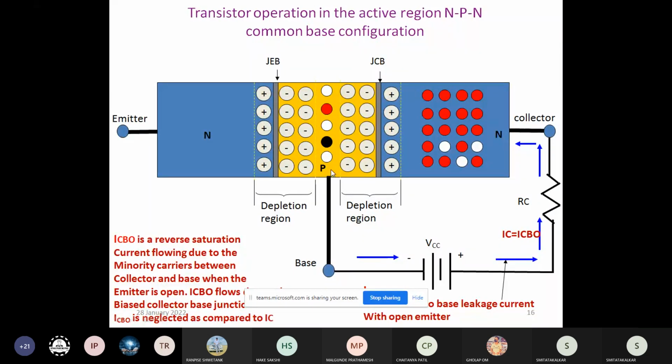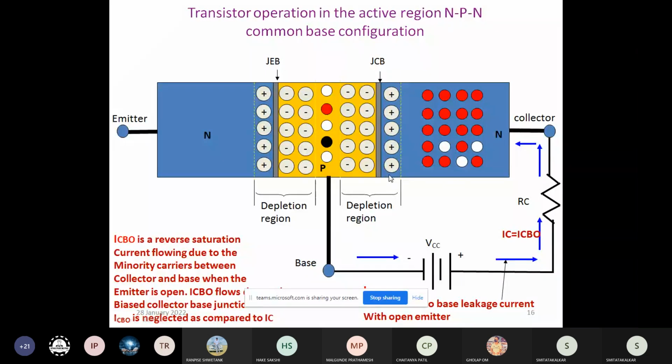And here in the P region, some electrons or holes are not chargeable, because all electrons move in the negative direction in the circuit. This negative direction creates a negative charge in the P region, and the emitter has a positive charge in the junction of base to emitter, and base to collector also has a positive charge.